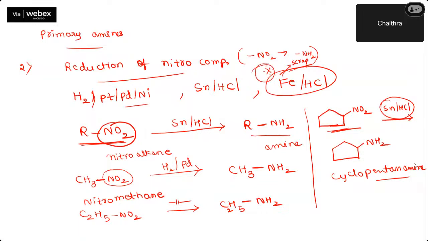If you conduct the reduction of this nitro compound with iron scrappings and HCl, FeCl2 will form. If Fe reacts with HCl, FeCl2 forms, right? The formed FeCl2 gets hydrolyzed and again releases HCl, more and more HCl.